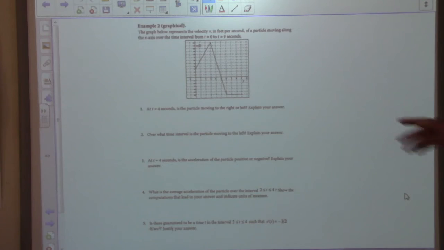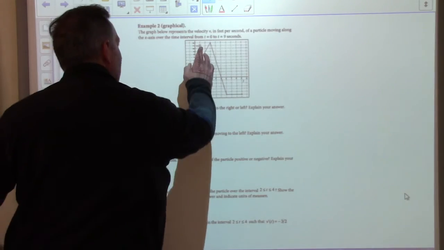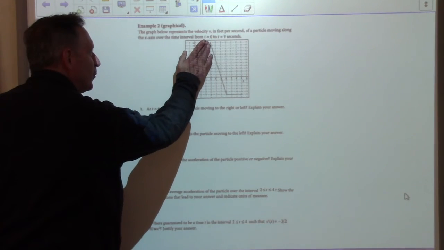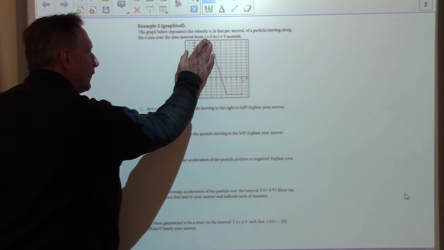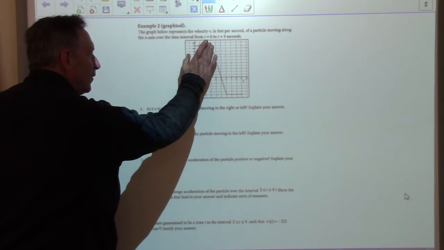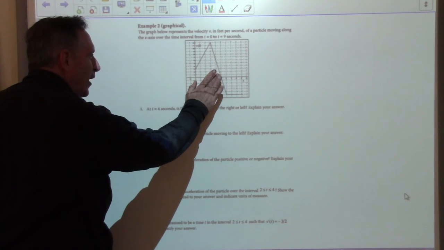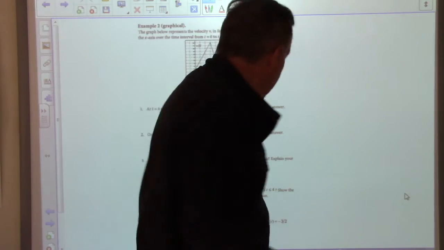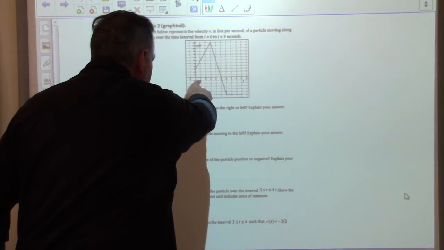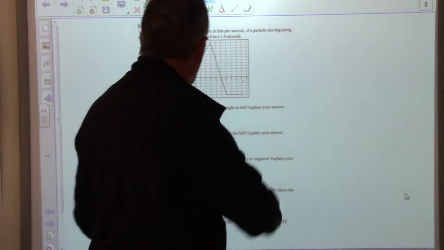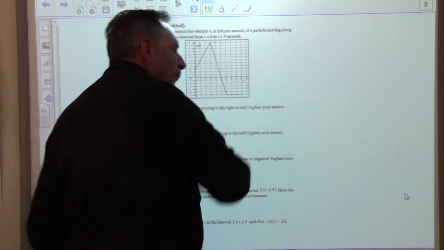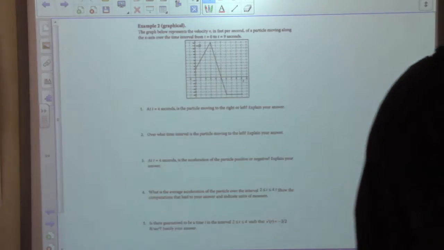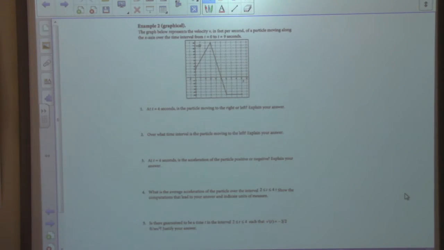I'd still be moving to the right, but I'm speeding up, and then decelerating here. What happens at t equals 5? It becomes negative, left. And then I'm going back this way.